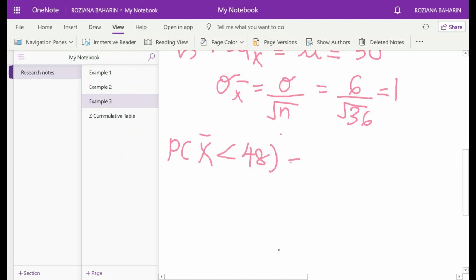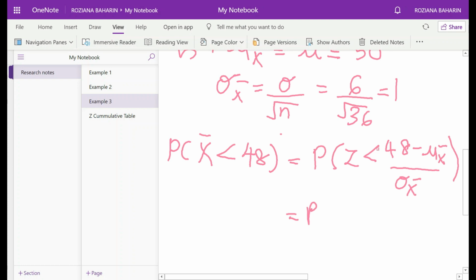Alright, so then we start to convert it to Z value. It is almost the same formula. It's just that we put X bar here. So now your X bar is 48 minus your mu X bar, then divided by your standard deviation of your X bar here. So you should be getting P Z less than 48 minus 50 divided by 1.